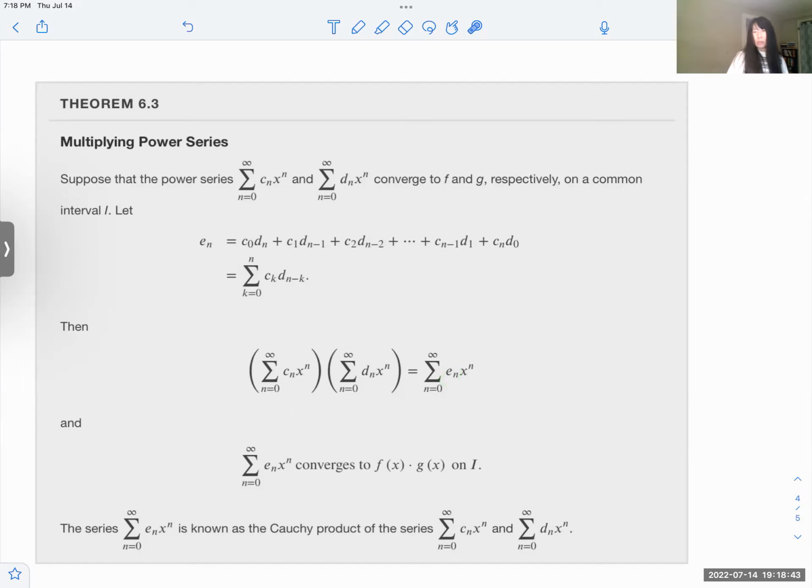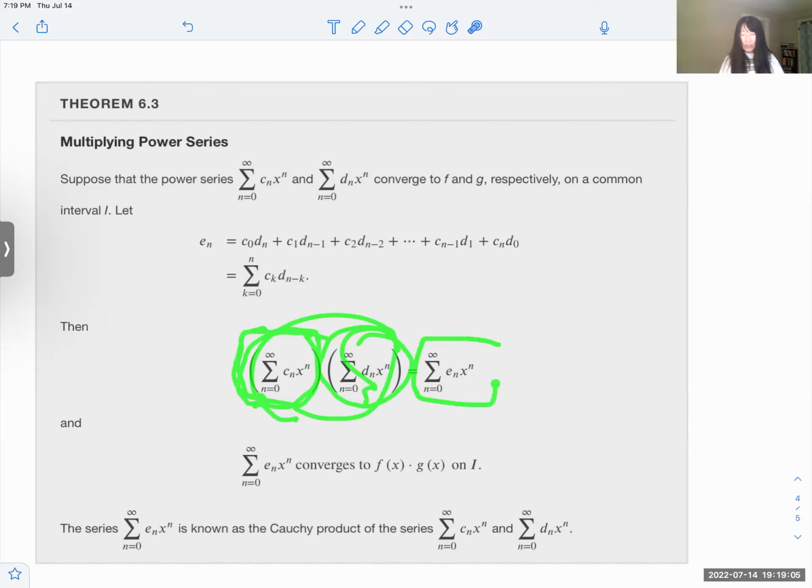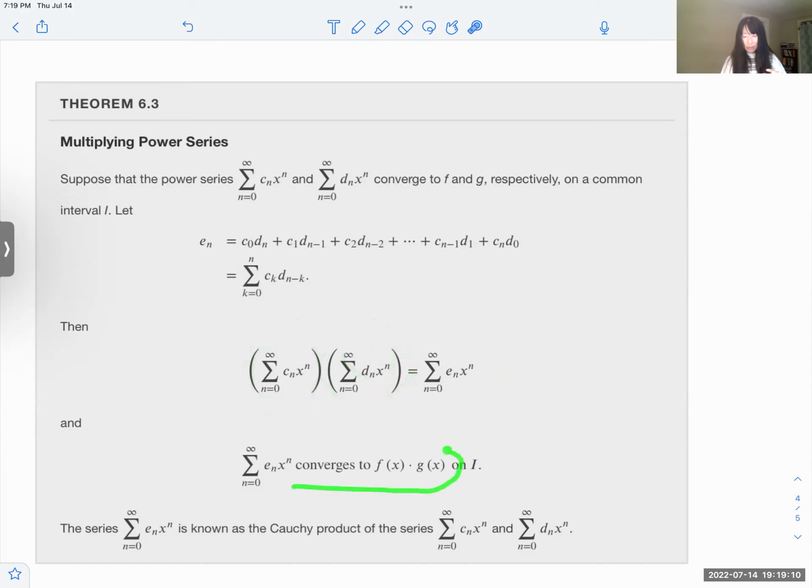Since we know from previous that this series converges to f of x, and this series converges to g of x, when we multiply together we create another series that converges to the product f of x times g of x on the common interval, okay? All right, so we multiply.